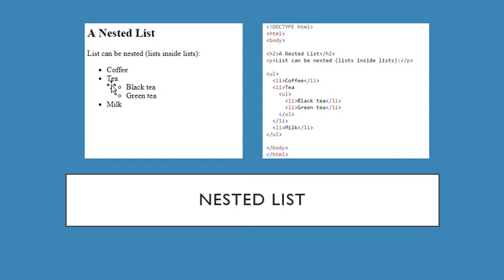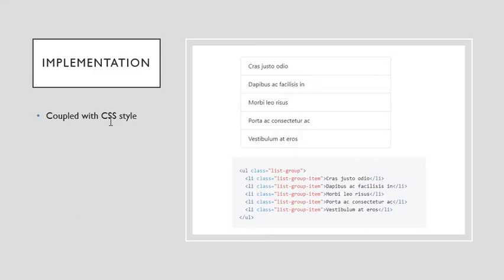So here we have tea, and then we have another list, UL. You can do all of these again and again, becoming more complex and nested.